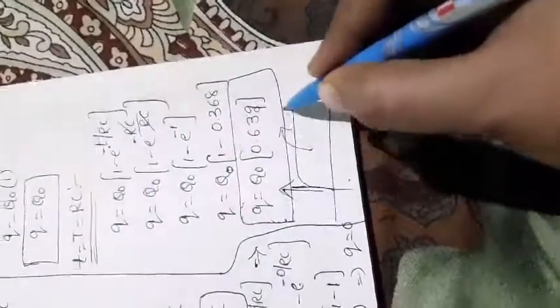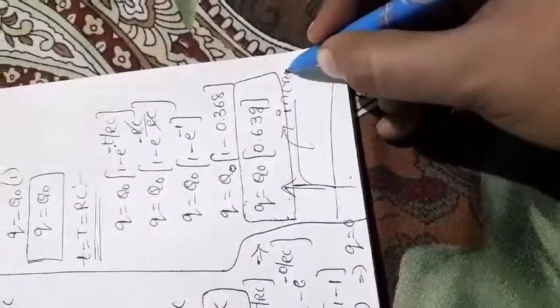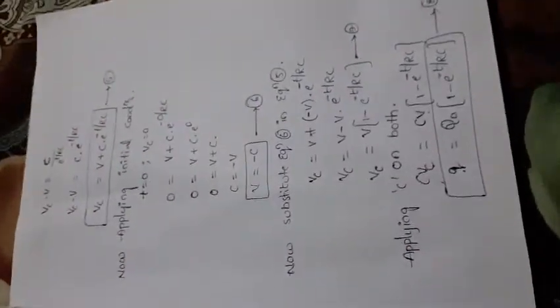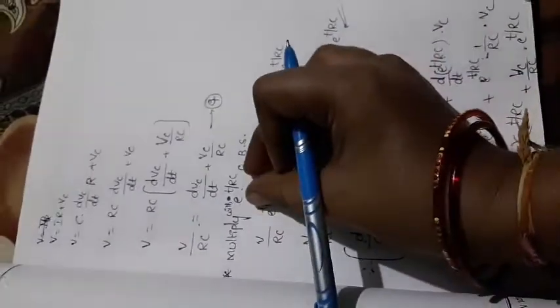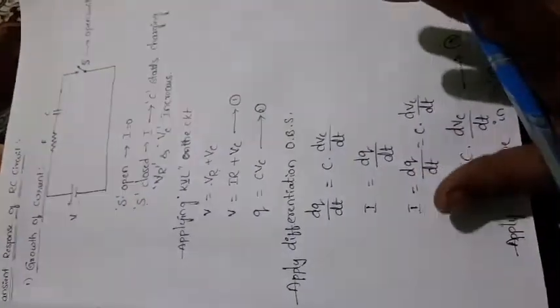This is our graph. This is our complete explanation about the RC response. It's very important. You already know the RL circuit, but compared to the RL circuit, the extra thing here is that we multiply e power t by RC on both sides. That is the extra thing in the transient response of the RC circuit. Okay, thank you.